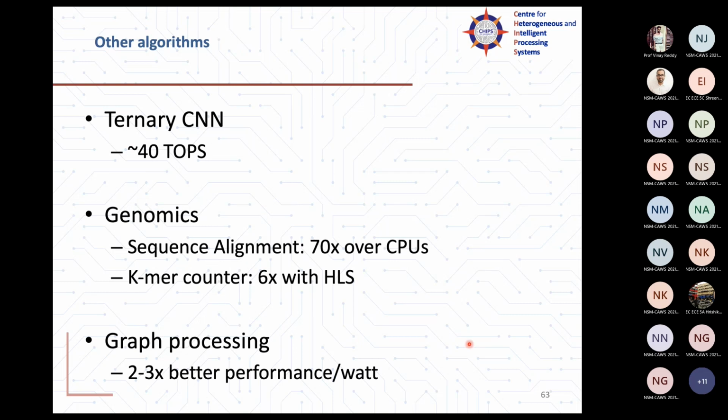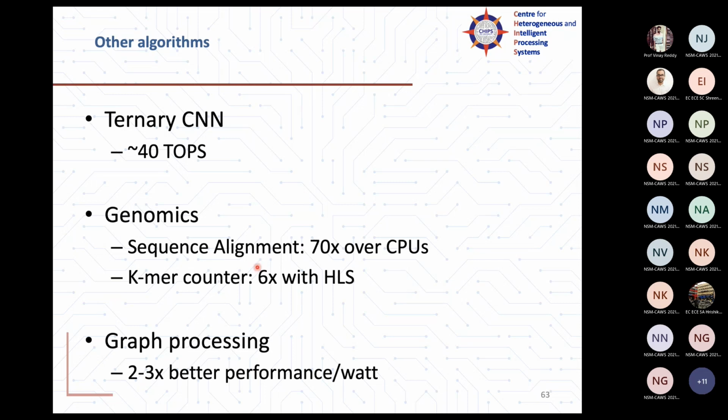And to give you an idea, other algorithms like CNNs were implemented on FPGAs, and they gave orders of magnitude improvement over CPUs. For applications like genomics, there was a 70x speed up over CPUs because of the custom bit width that was made possible.